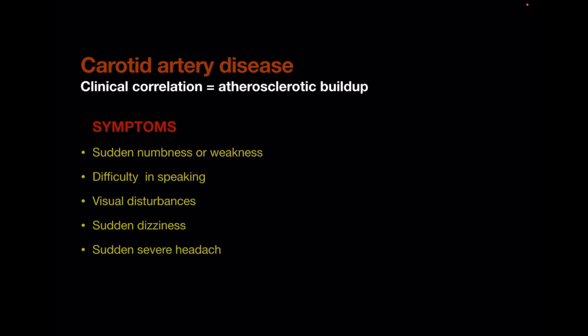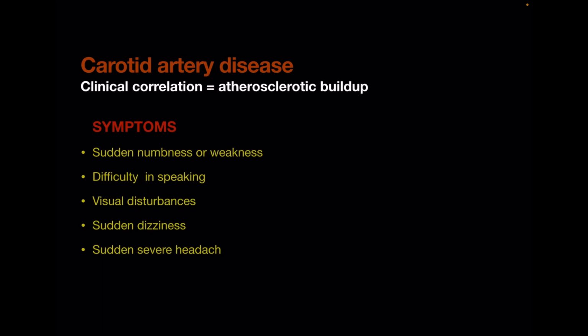That could be a thrombus that forms and completely obstructs the carotid artery system. It might be an embolus, and that would then occlude the atherosclerotic narrowing of the artery.